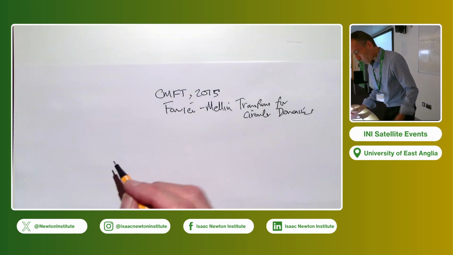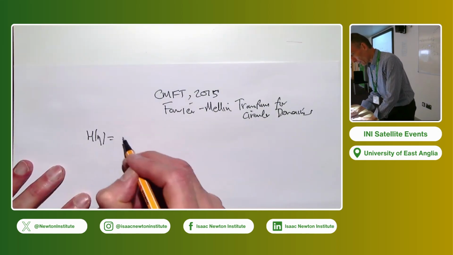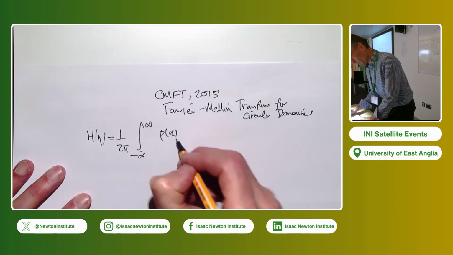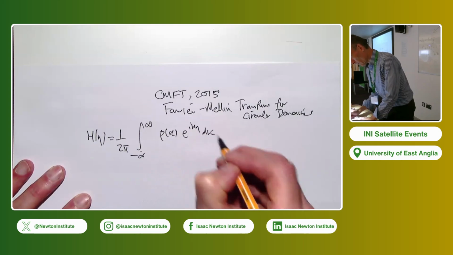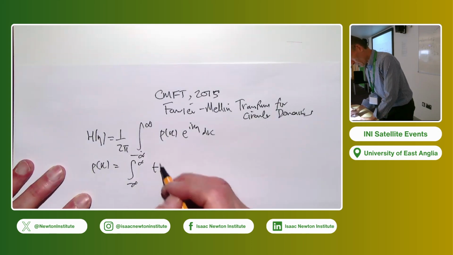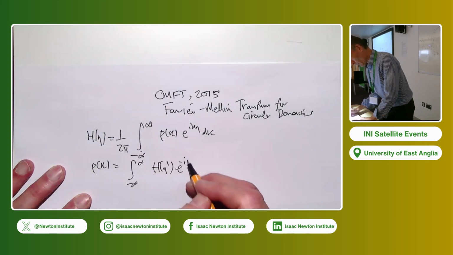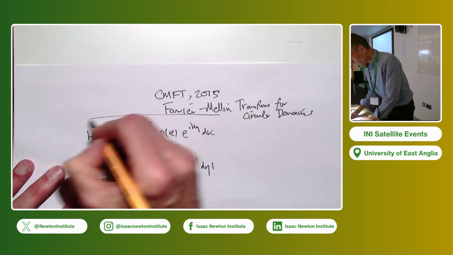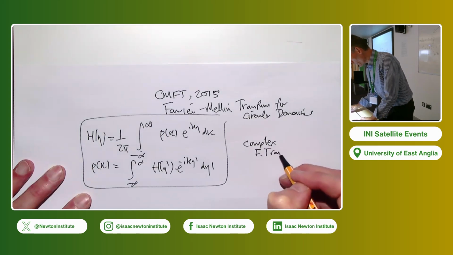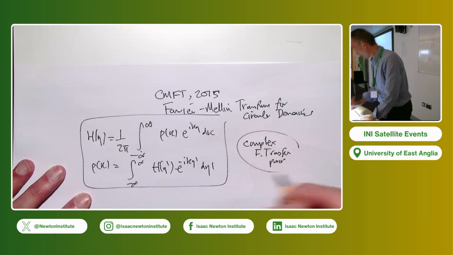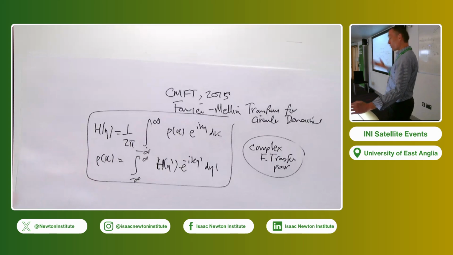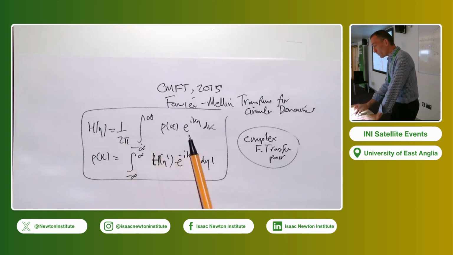You just get that h of eta... So this is known as the complex Fourier transform pair. This is usually called the Fourier transform of H. And if you want to reconstruct H from its transform, you use this inversion formula here.